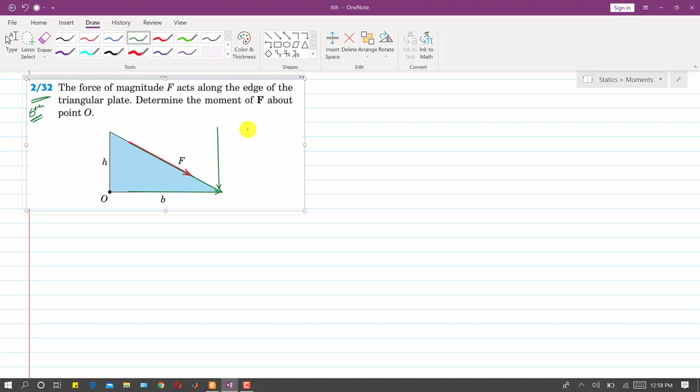Let's suppose this is the positive x-axis and this is the positive y direction. Then this one will be the F_y component and this one will be the F_x component, right?